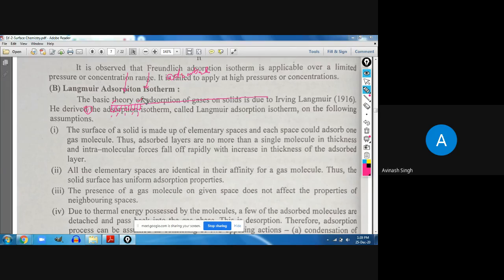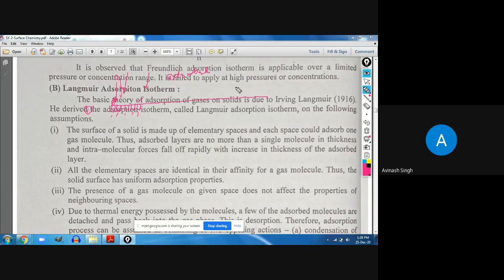Third, when a molecule gets adsorbed, suppose this neighboring space wants to adsorb, it does not depend on whether the adjacent one is adsorbing or not. It acts independently of the neighboring spaces. Either it will adsorb or it will not adsorb. Agreed?